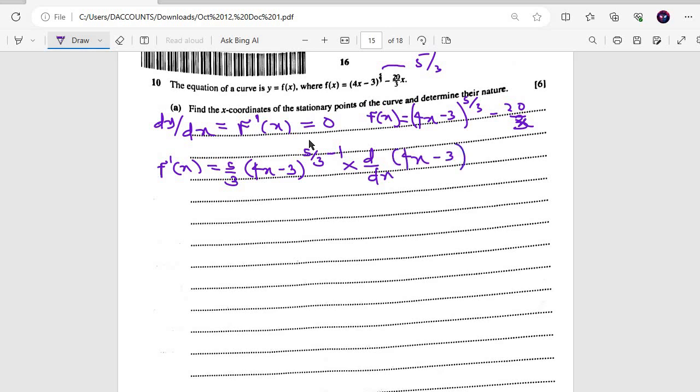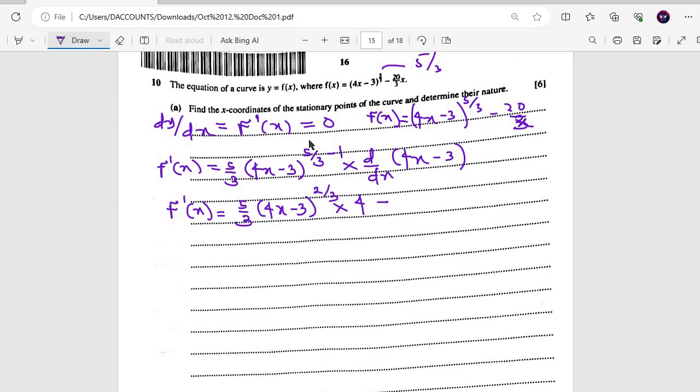This is how to differentiate a function of a function, or a function with a power. So dy/dx will be 5 over 3 (4x - 3) raised to 5 over 3 minus 1, which is 2 over 3. Differentiation of what is inside the bracket is 4.